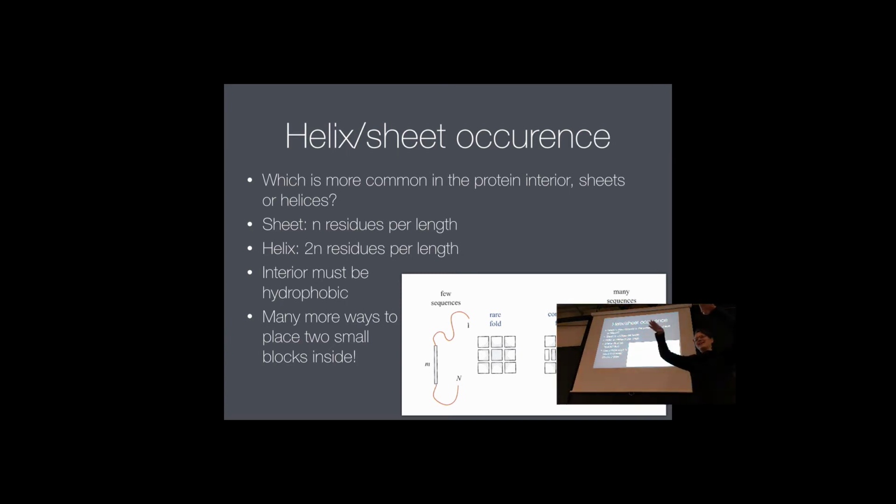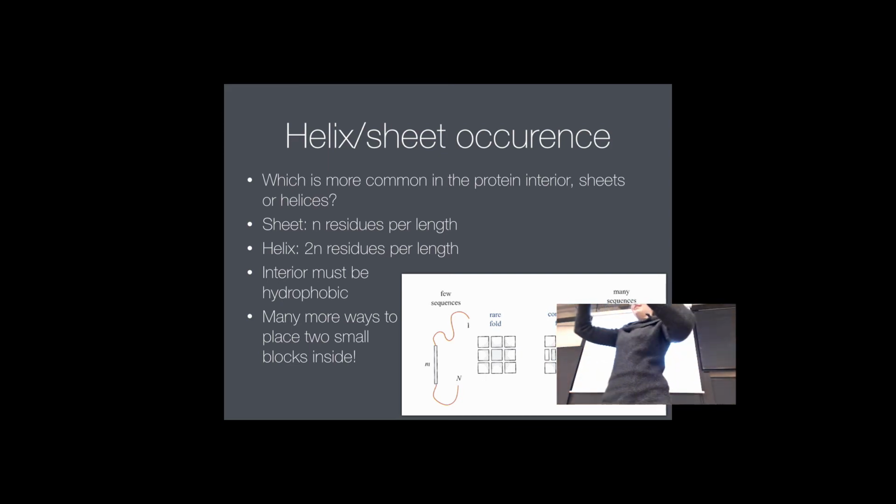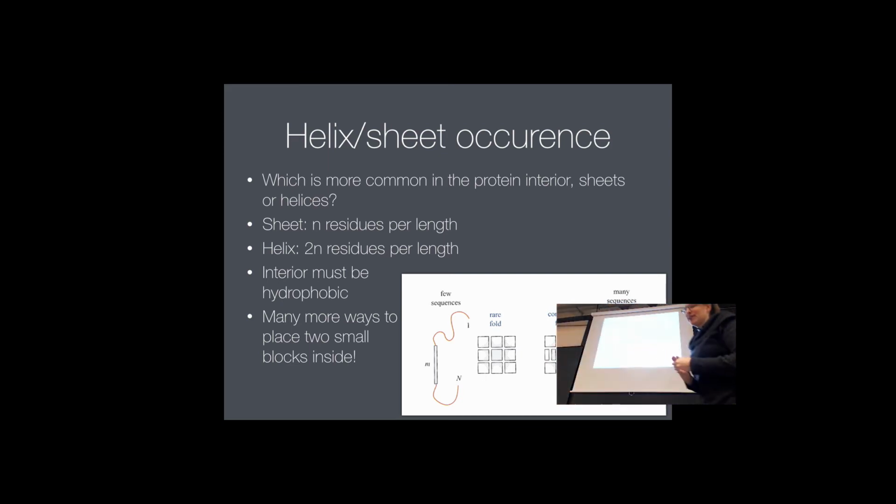We had the helix and the sheet and the helices in the way. We can make an argument here that is entropic in nature. One helical turn takes 3 to 4 amino acids, whereas the beta strand only takes 2 amino acids.